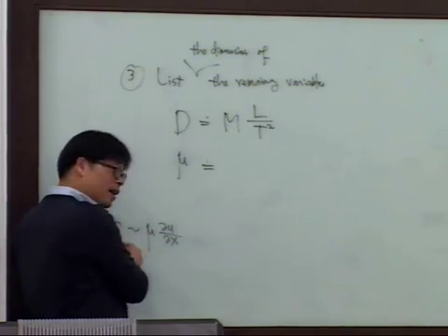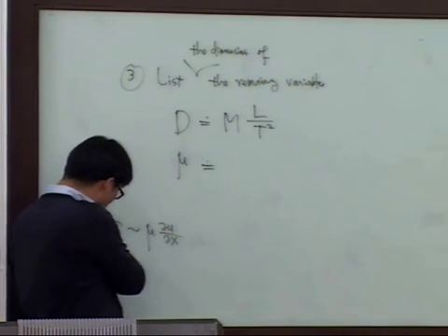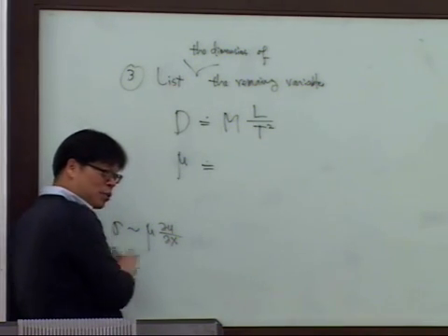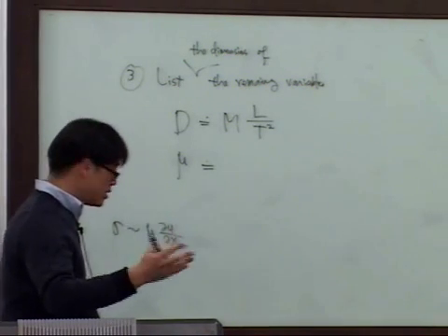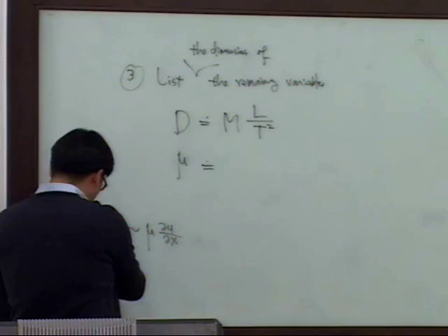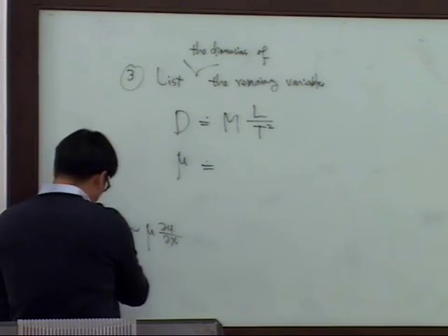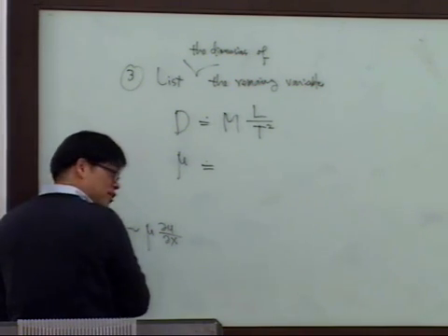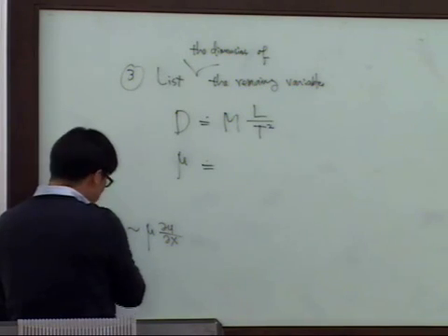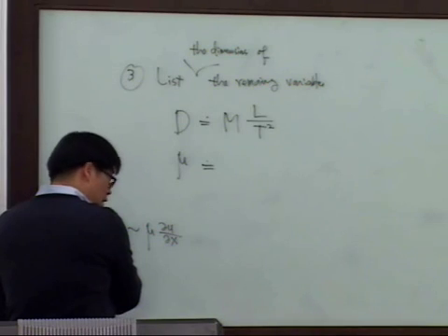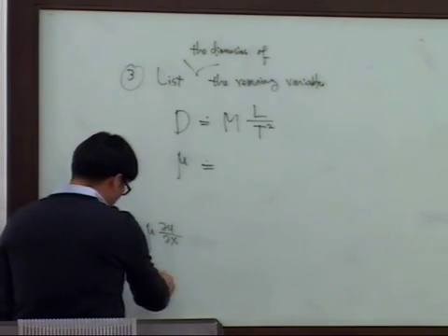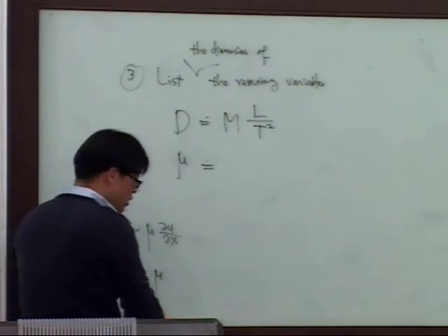So stress is force divided by area. Stress times the area is force. We know the dimension of force, which is mass times acceleration. To get the dimension of stress, I divide by area, L squared. I want to know the dimension of mu.